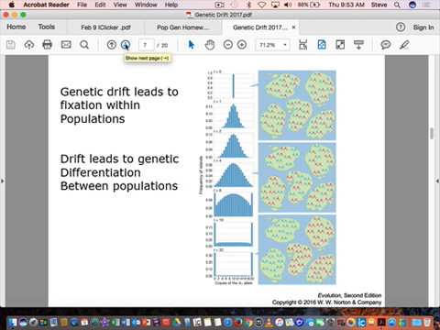Genetic drift, the process that occurs, and over time, what you can see, if we go down here towards the end, is the percentage of these populations that now have 0 copies of the A1 allele or 20 copies. So there are 10 individuals, 20 copies of the A2 allele. And there are a few instances where some populations have copies of both A1 and A2.